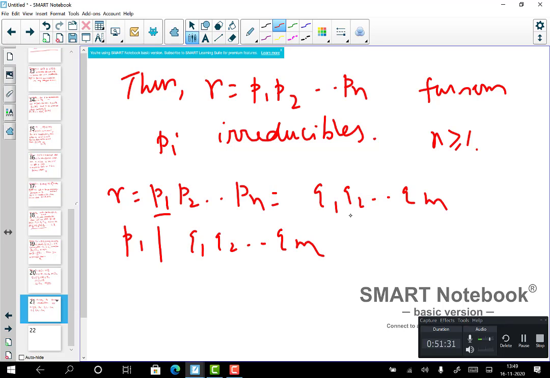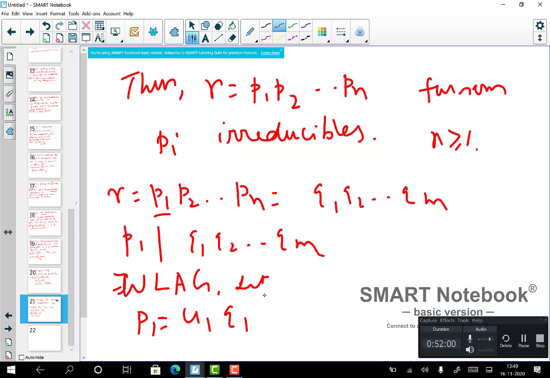So what does that mean? That means there exists, okay, so if possible, I can renumber these qi's without loss of any generality. So let p1 equal u1 times q1, some unit times q1. Okay, so what does that mean? That means you can replace p1 in terms of u1 q1, and then you can cancel out q1 because this is an integral domain, right?